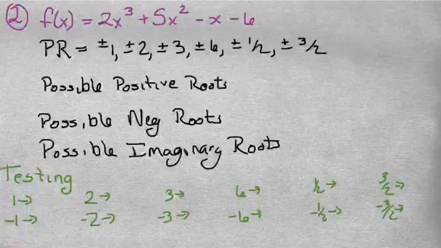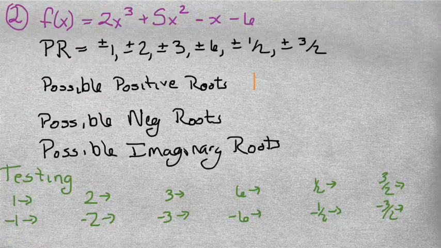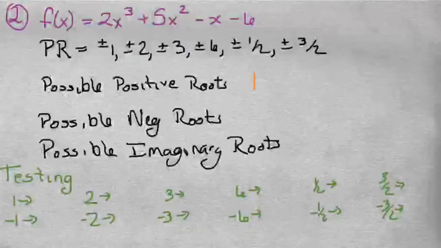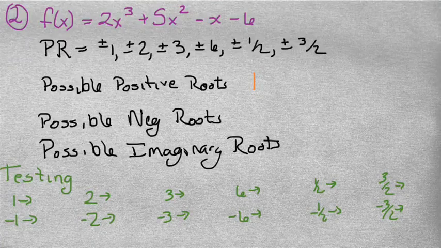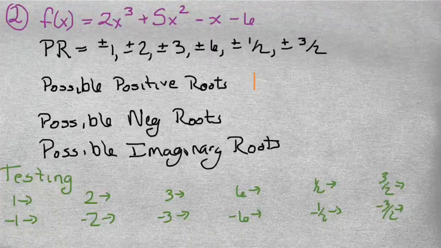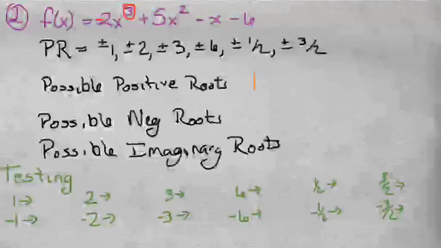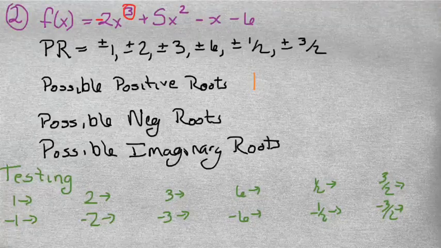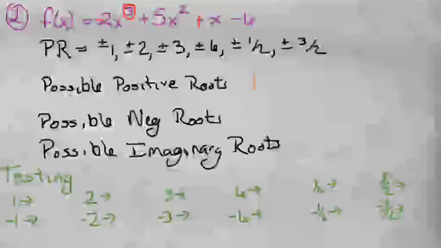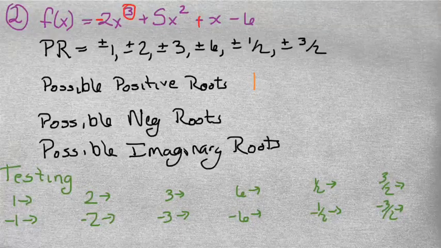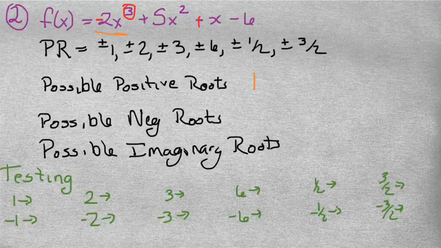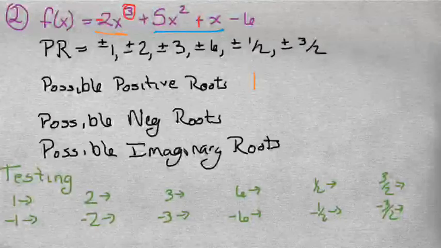Then we're going to do the same thing with the negative roots. But before we can do the negative roots, we have to think about how we'll plug in a negative x and change things. Since this is cubed, that's going to make this sign change. Squared, the sign doesn't change. To the first power, the sign changes. And our constant, the sign didn't change. So going from our negatives to positives, we had a negative, we switched it over to two positives, and we went back to a negative.